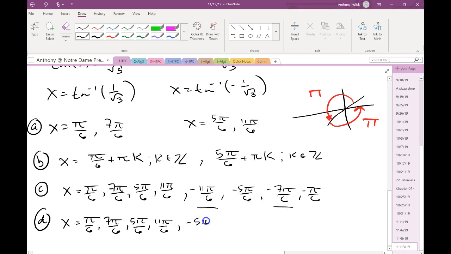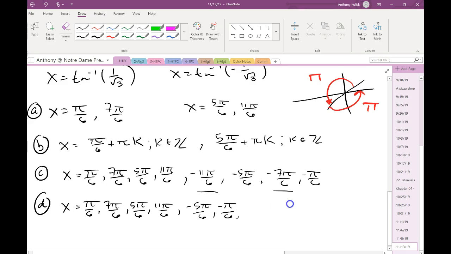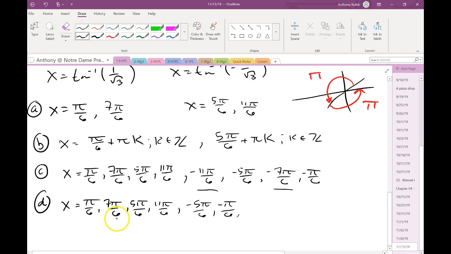Those are both less than negative pi. So I'm not going to include those, but I will the other 2. And then I have one more part of the interval for D to worry about. And that is for the parts that are from 2 pi to 4 pi. So I can find those just by adding 2 pi to each of those first 4.